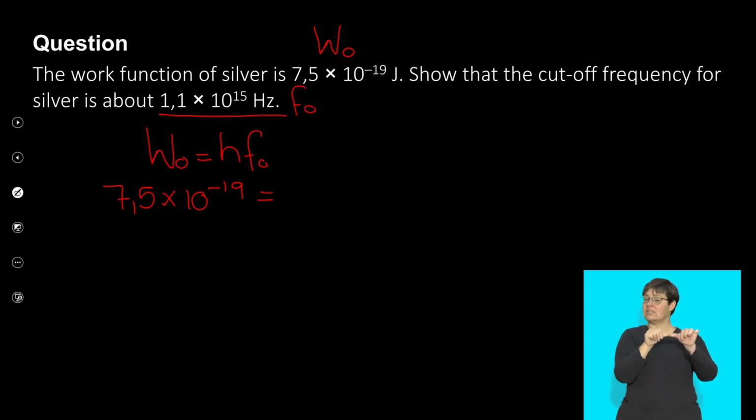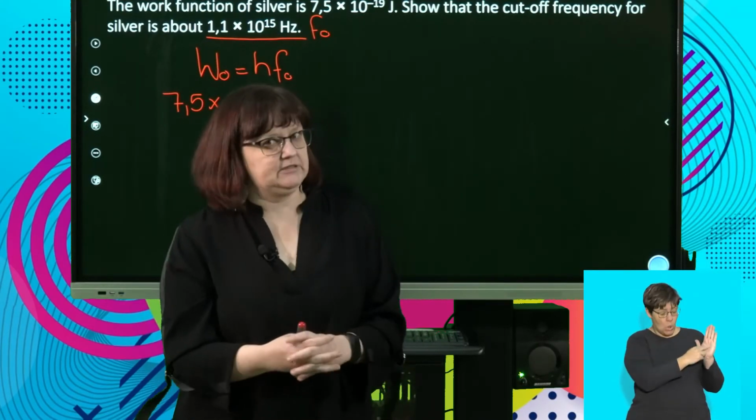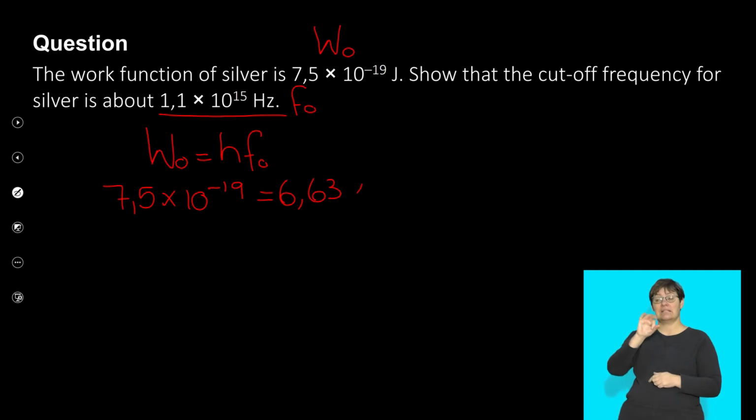You don't need to know it. Look it up on your information sheet. Don't go, oh, I know this one. Look it up, because there are lots of constants that you use. And this constant is 6,63 times 10 to the minus 34.